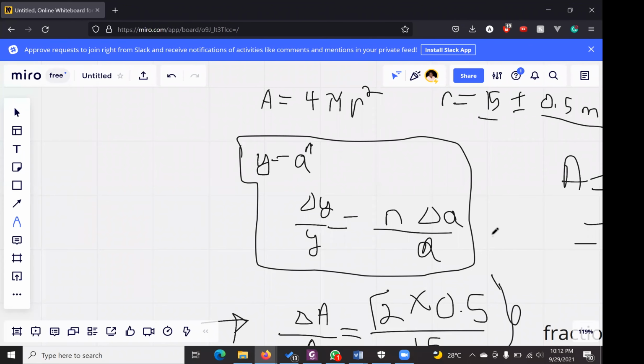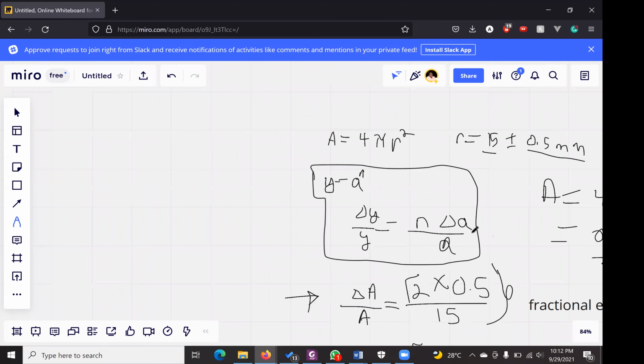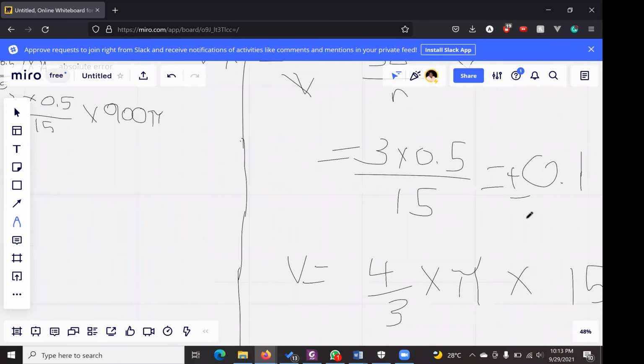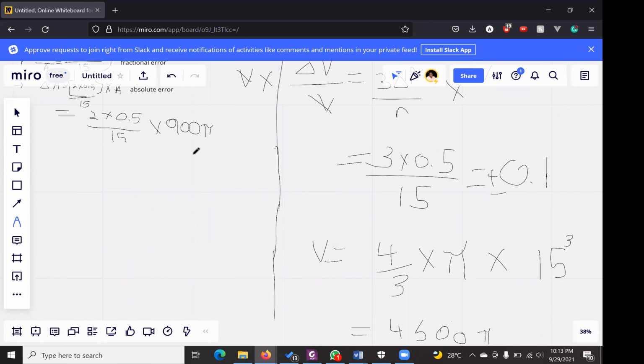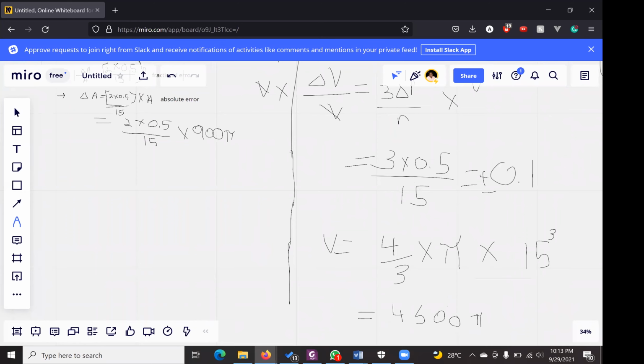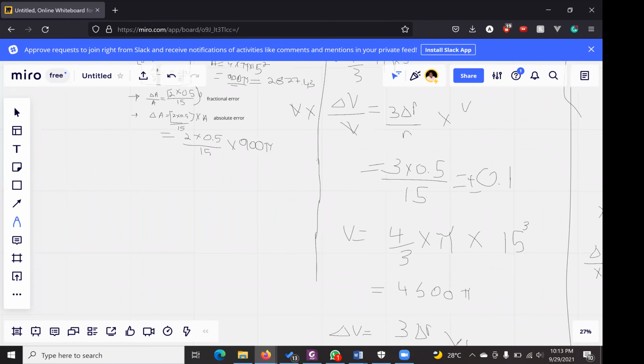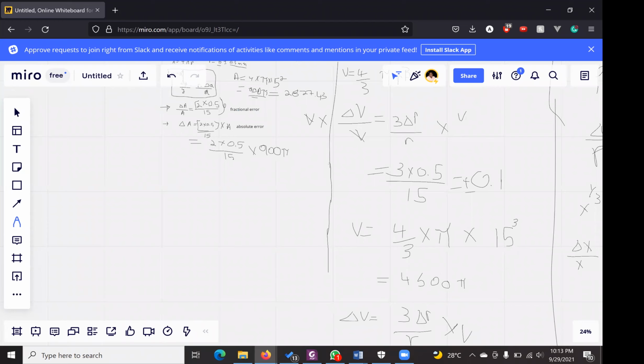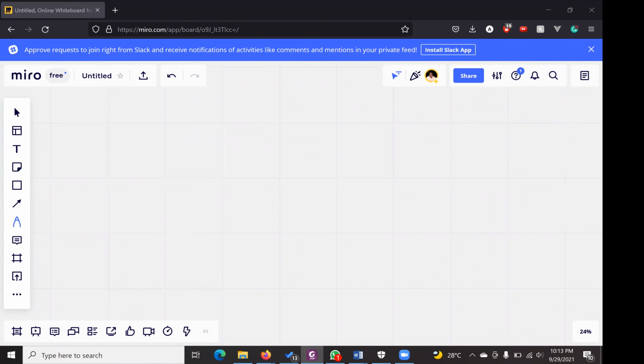Using what we know from y equals a to the n, what will we do for x to the 1/3 when we want to find the fractional error? You would multiply it by 1/3. Perfect.